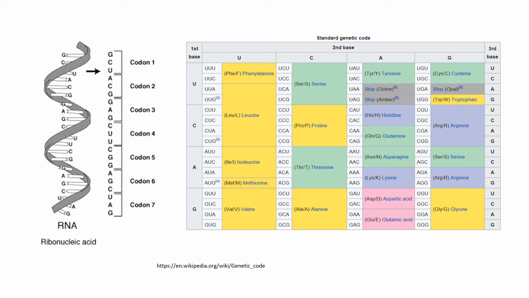So let's look at this table. And you see that the table is sort of divided into blocks of different colors. So for example, leucine is coded for by 6 different codons, UUA, UUG, CUU, CUC, and so forth. Now, if I want to look at changing this genetic code, there are a lot of different possibilities to do that.